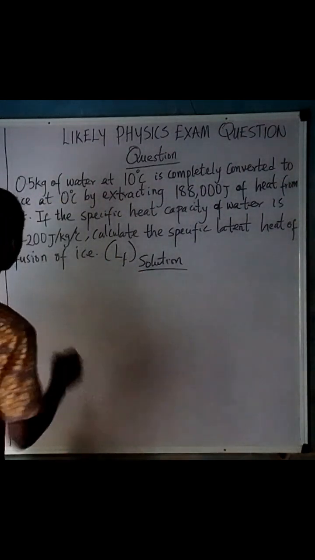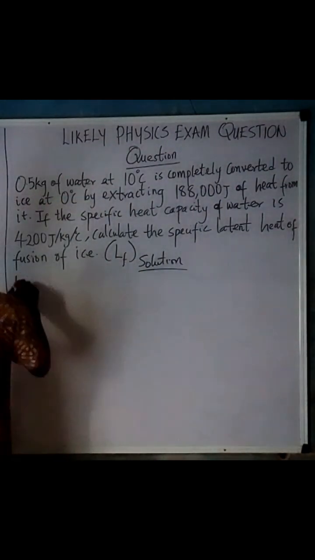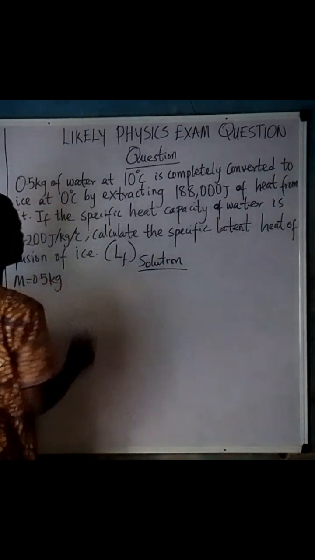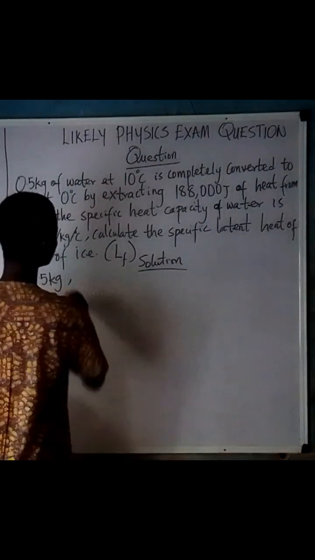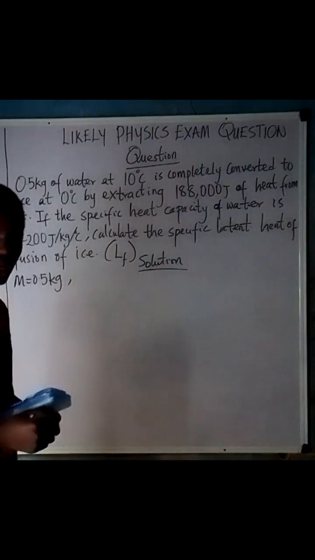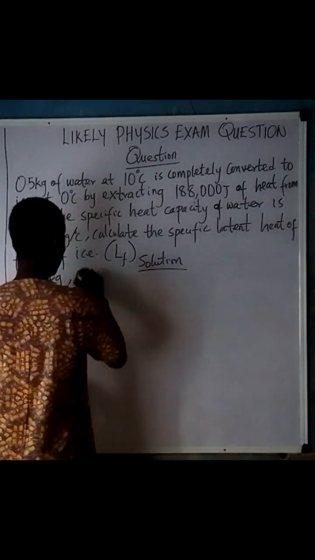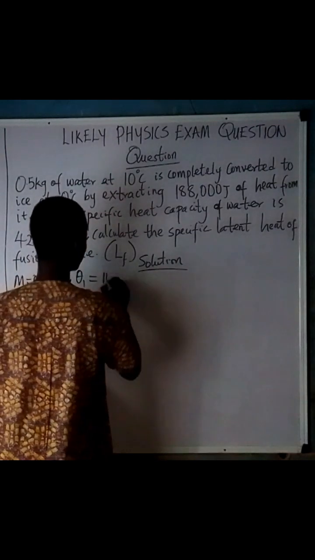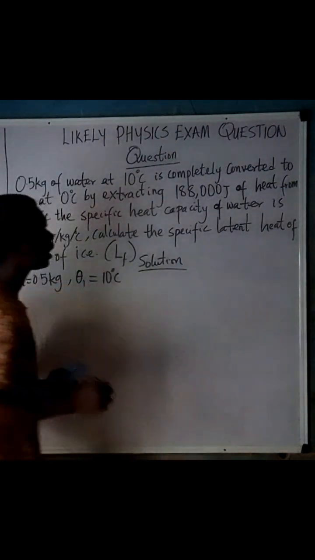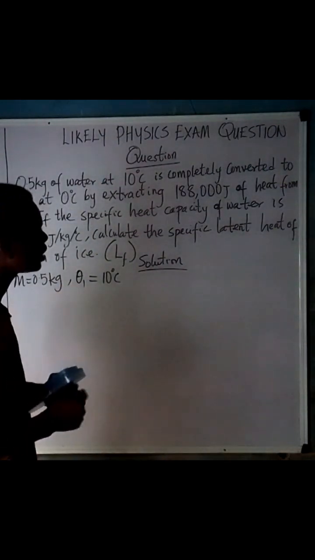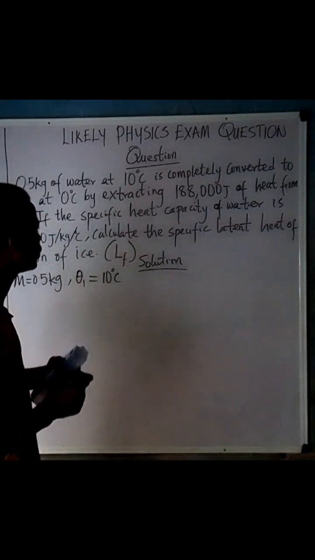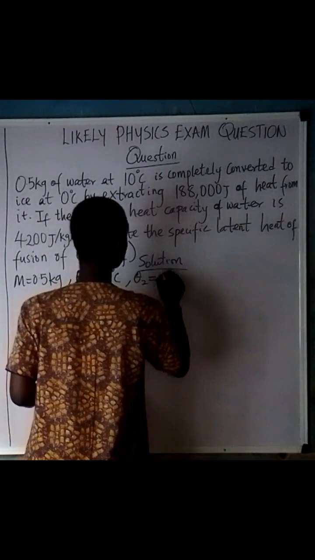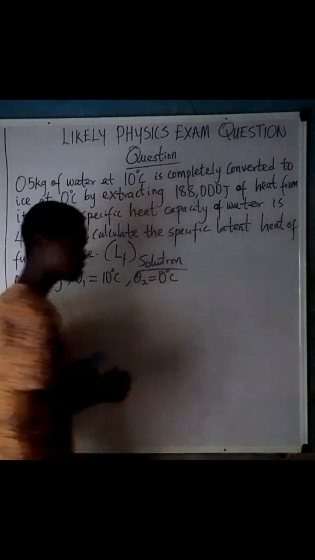Solution. We're told that the mass of water was 0.5 kg. What else did they give us? They said it was initially at a temperature, we call that theta 1, of 10 degrees Celsius. Then it is converted to ice at 0 degrees Celsius, so theta 2 is 0 degrees Celsius.